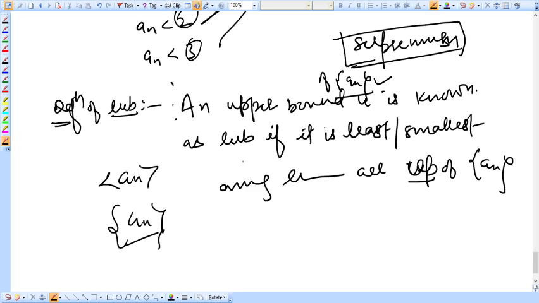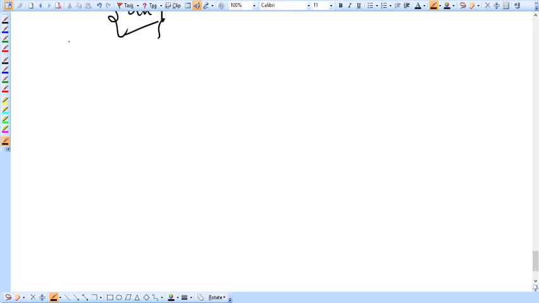Okay, properties of this upper bound. These properties are very important.